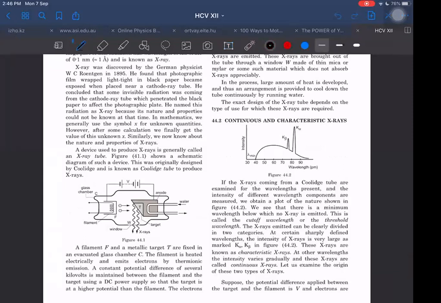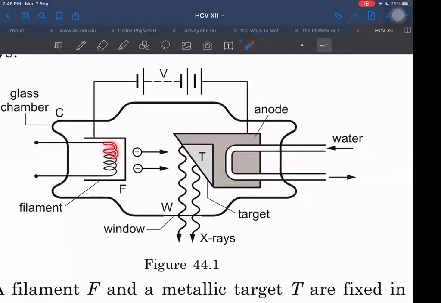So this Coolidge tube is a device which is used to produce X-rays, designed by Coolidge. What is in this? There's a hot filament here. Let me make this diagram bigger. This is the filament. It is a hot filament and it has a separate voltage we apply here so that it becomes very hot.